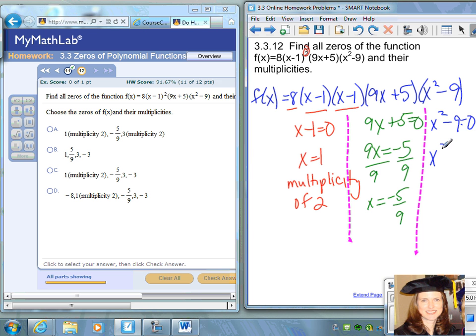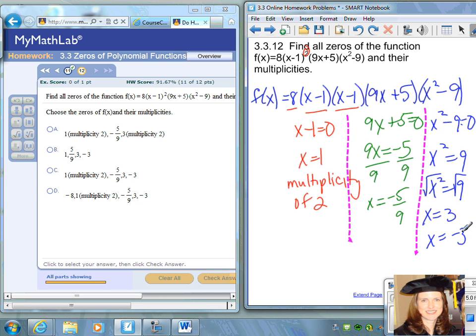If we find x squared is equal to 9 and take the square root of both sides, we get x is equal to positive 3 or x is equal to negative 3.